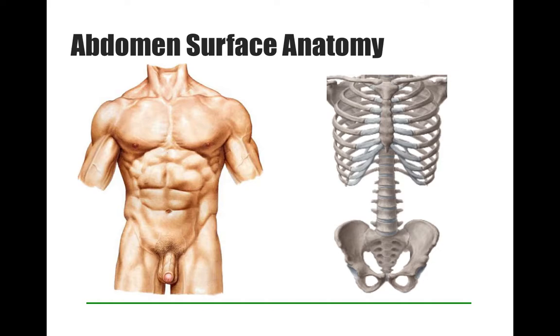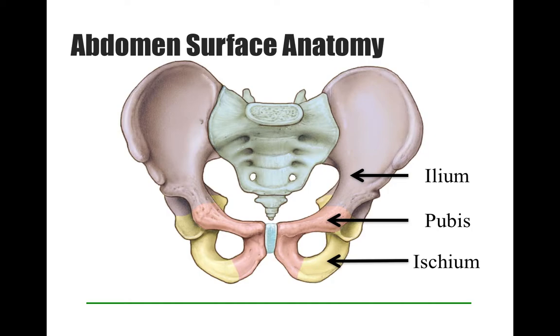The pelvis itself, remember, has three fused bones: ilium, pubis, and ischium. There are certain landmarks on these bones that will help you find particular structures and make sure that you're in the right area.